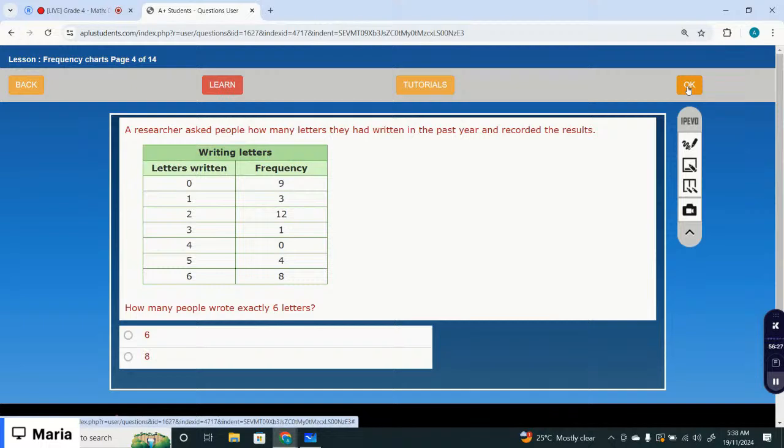A researcher asked people how many letters they had written in the past year and recorded the result. How many people wrote exactly 6 letters?